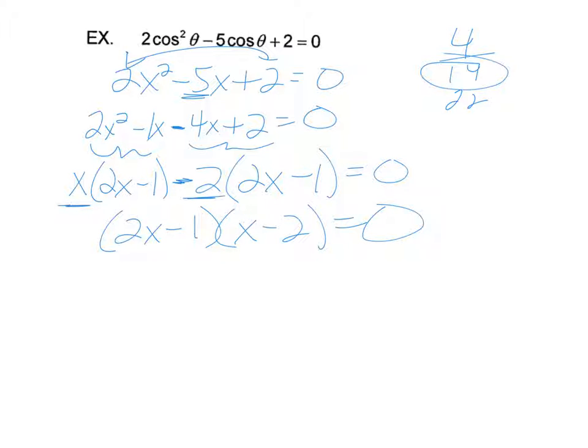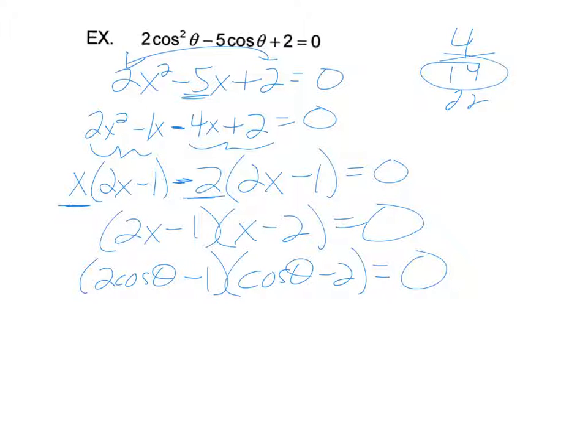Now if you have trouble with factoring, that's not really part of this lesson. You can get on the internet and look up all kinds of practice for factoring. Now that it's factored, I'm going to put the cosine thetas back where the x's are. So 2 cosine theta minus 1 times cosine theta minus 2.